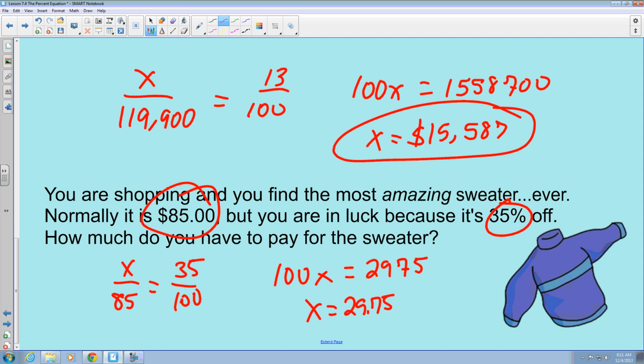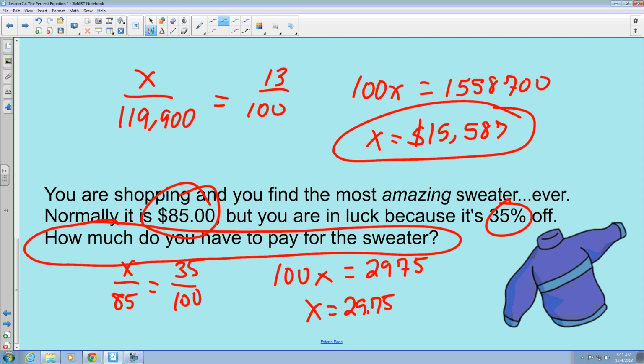That's not how much the sweater costs, because they're asking how much you have to pay for the sweater. So you take 85 and subtract 29.75, and you get $55.25 as the cost of the sweater.